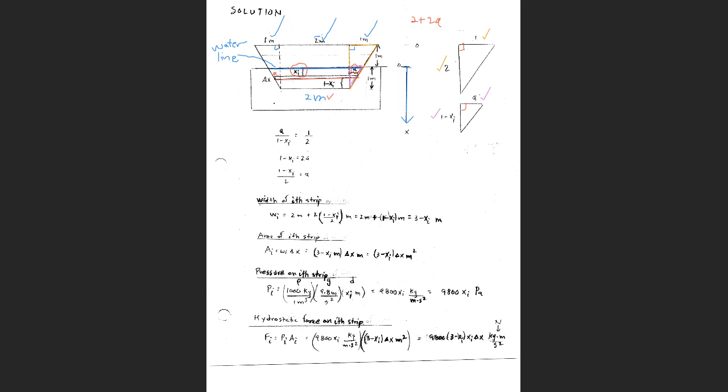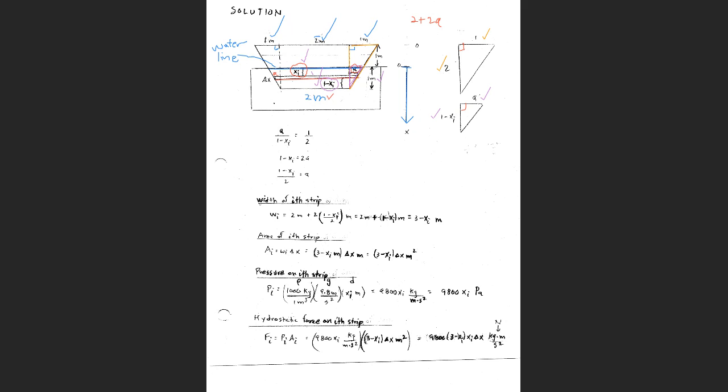Okay, because if this distance here is xi, then this distance here has to be the height of that triangle. It has to be 1 minus xi, because xi and 1 minus xi add up to 1.